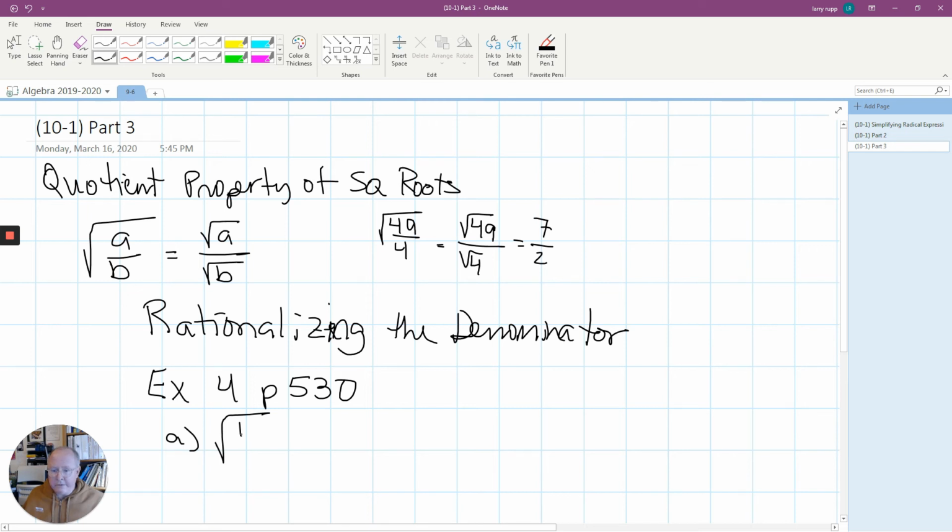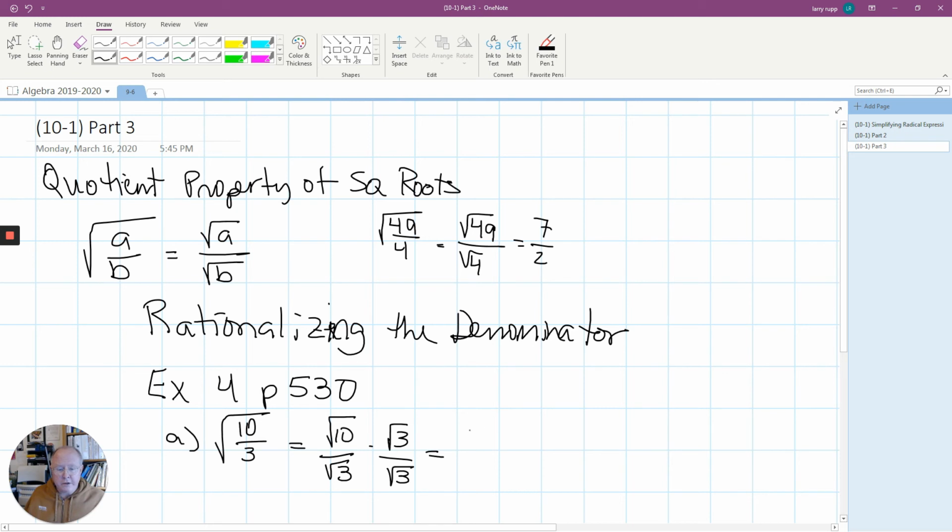So we have the square root of 10 over the square root of 3. Now, just like with all other fractions, if you multiply something by 1, you haven't changed the value of the fraction, okay?